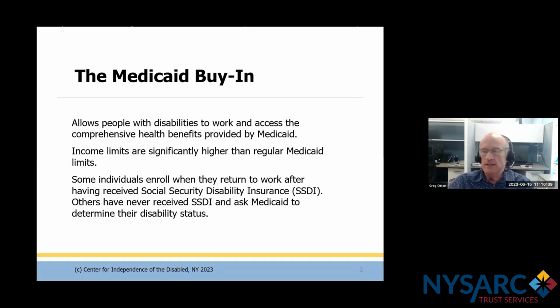Most frequently, we see people who have received Social Security disability insurance. That is an automatic disability determination because Medicaid buy-in uses basically the same criteria. But some of the folks we see have never received SSDI and asked Medicaid itself to determine their disability status.